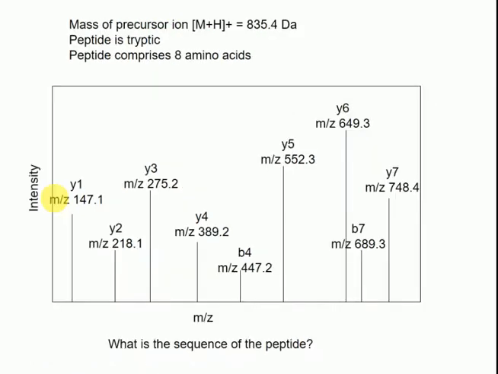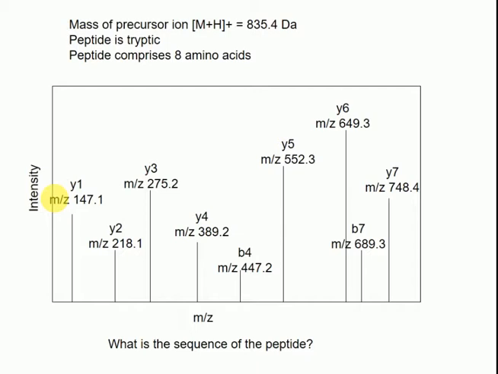Right. So, this is an exercise. This is what you needed that sheet that I was handing around for. Here's a mass spectrum. This is the fragmentation spectrum, CID spectrum, of a peptide, which is tryptic. The mass of the intact peptide, or its mass to charge, I should say, is 835.4 daltons.